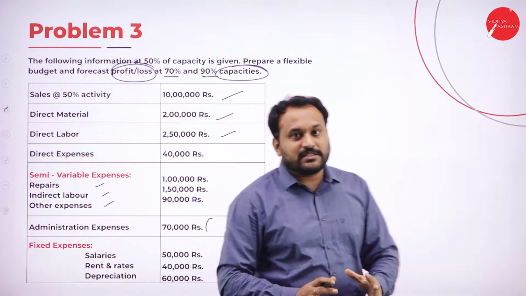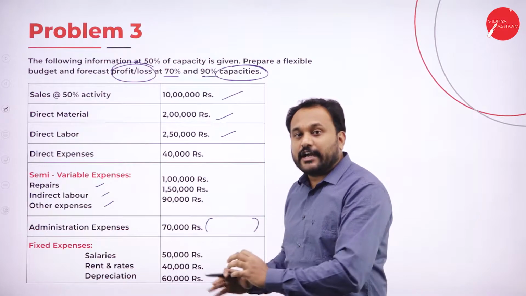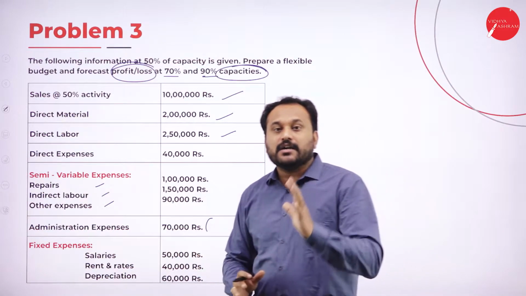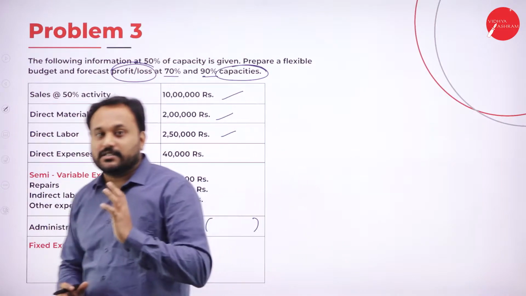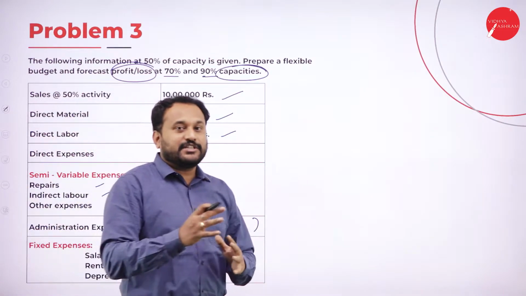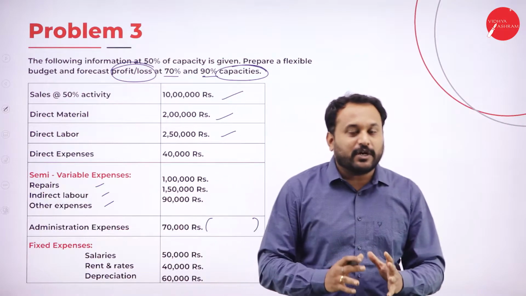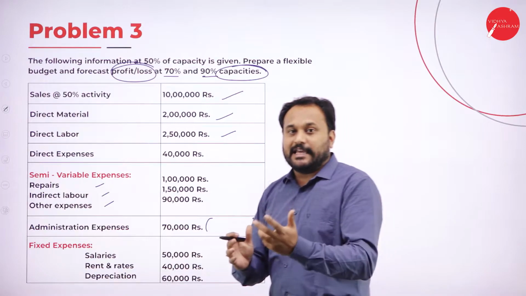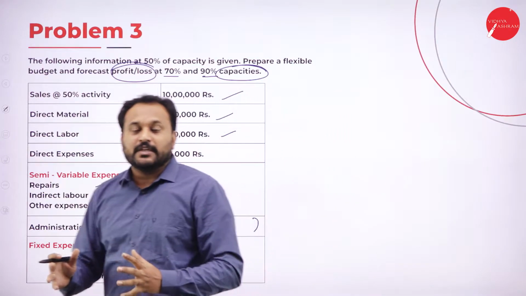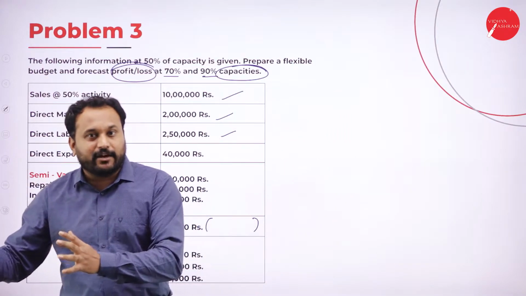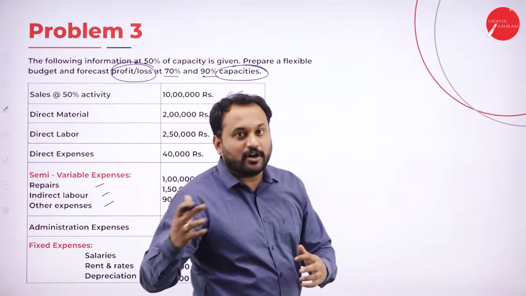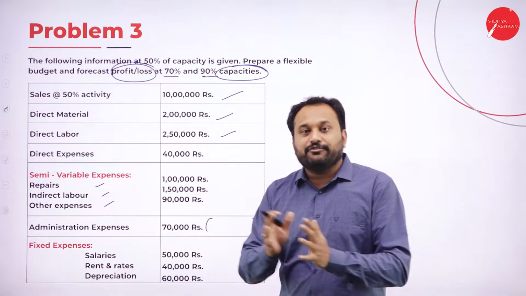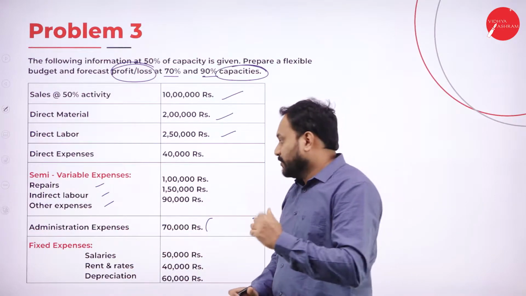Administration expenses, when they have not given any other adjustments related to it, are always 100% fixed cost. The same way, you have one more adjustment, selling and distribution. If they have not given anything in the bracket, whether how much percent variable or how much percent fixed, it is always 100% variable cost, selling and distribution expenses.